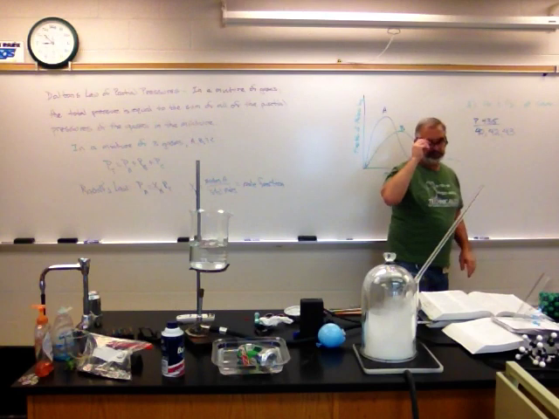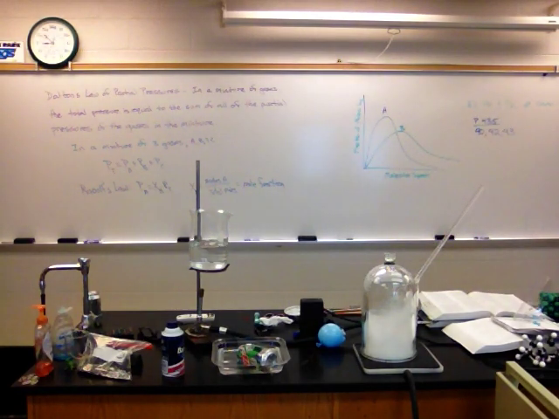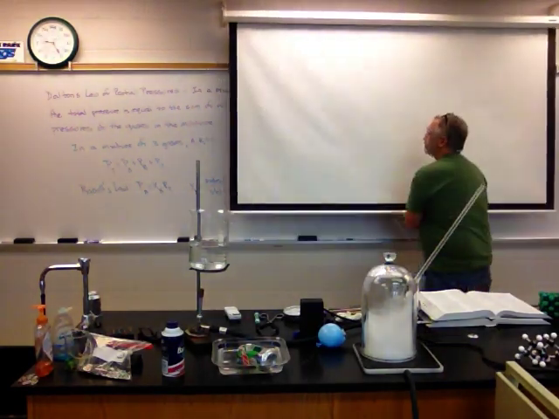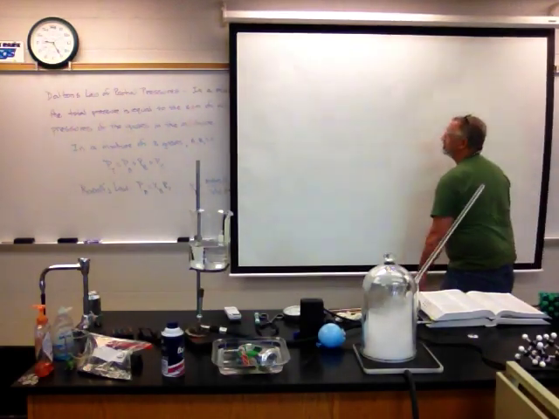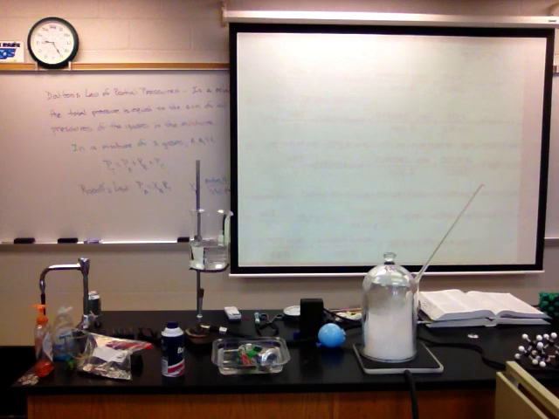So PV equals nRT, and we're looking for P. We have everything else. Should we put it in liters? Look at P1, V1: higher volume, lower pressure, because they're inversely proportional.